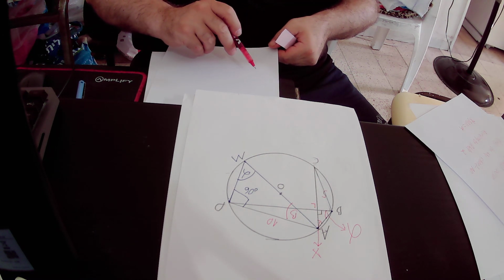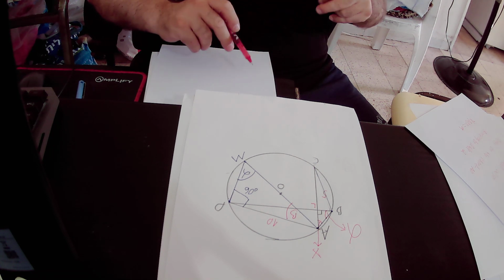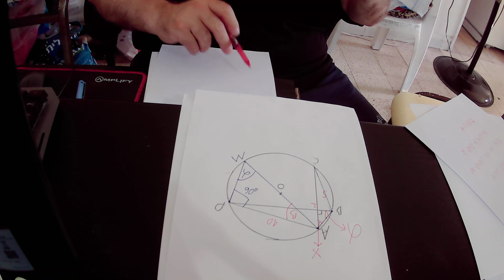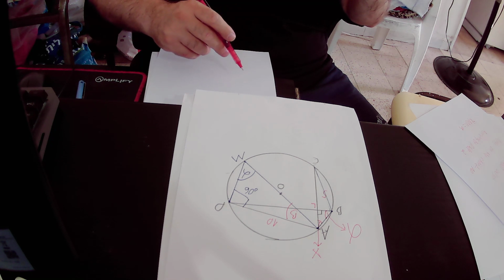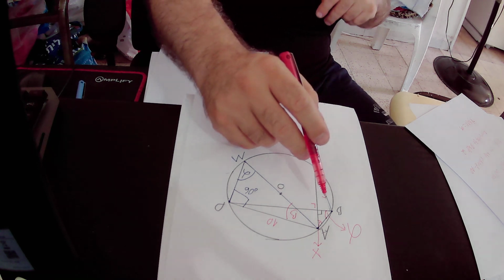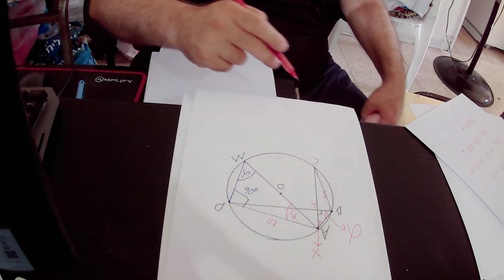According to our definition, and we know that the sum of the angles in any triangle equals 180 degrees.